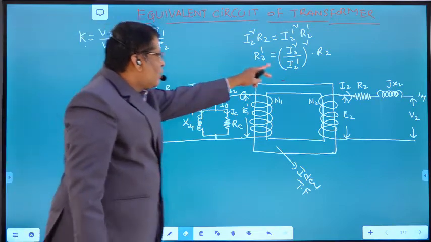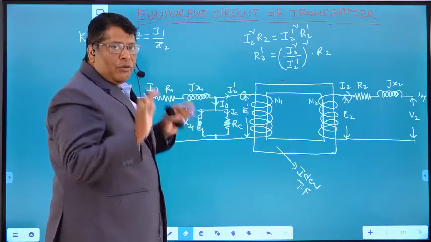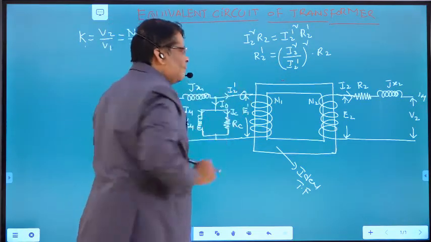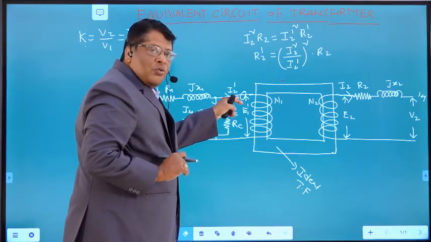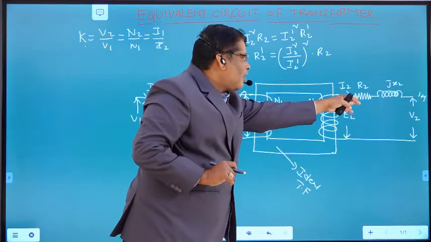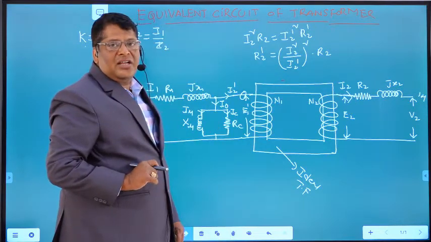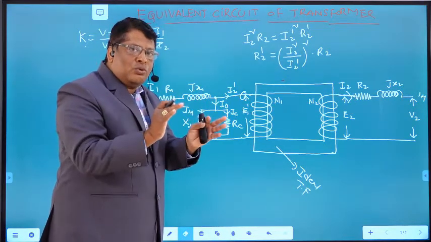Now come to this equation. We are going to keep some amount of resistance here which is exactly equal to R2.